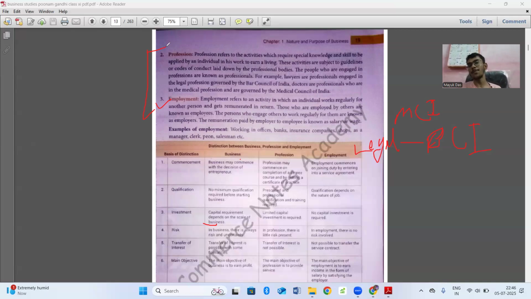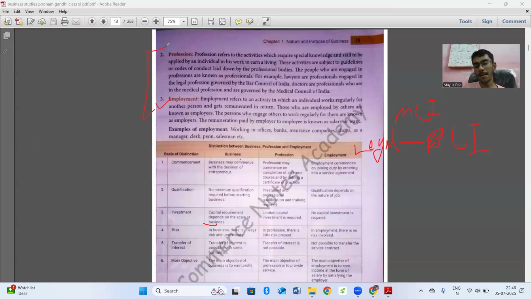Profession is independent, whether it is the legal profession or the medical profession. Here restriction is less and freedom is more, but in employment there is more restriction and less freedom. Let me give an example.